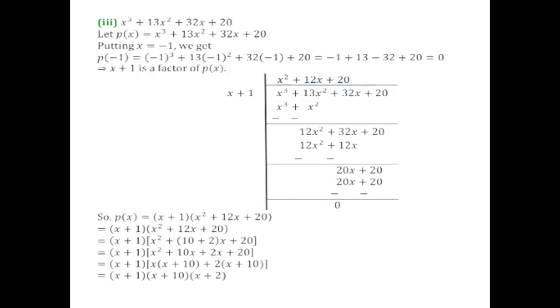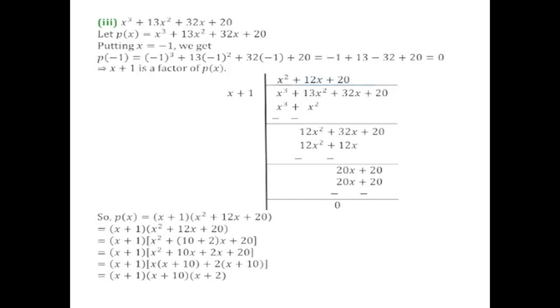The last step is simply finding the factors of x squared plus 12x plus 20 by the middle term splitting method. When x squared plus 12x plus 20 is factorized by middle term splitting, you'll get the answer as x plus 10 and x plus 2.